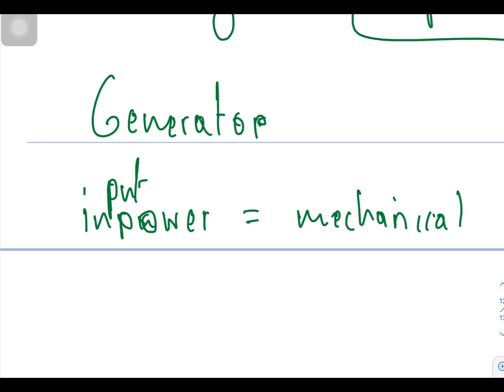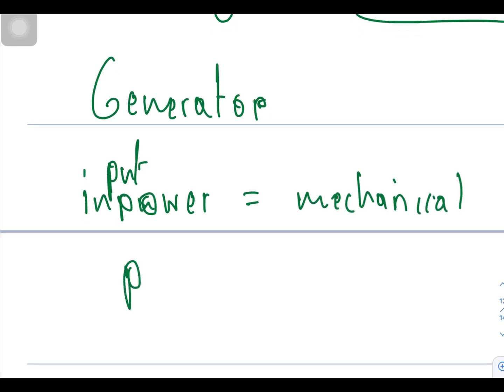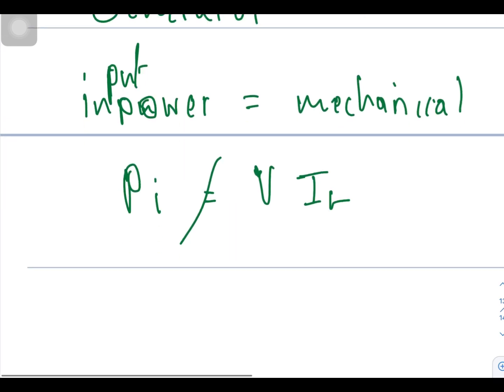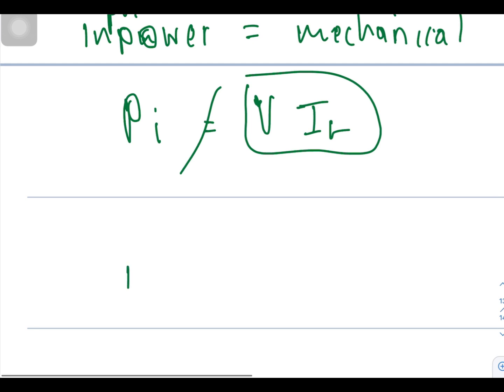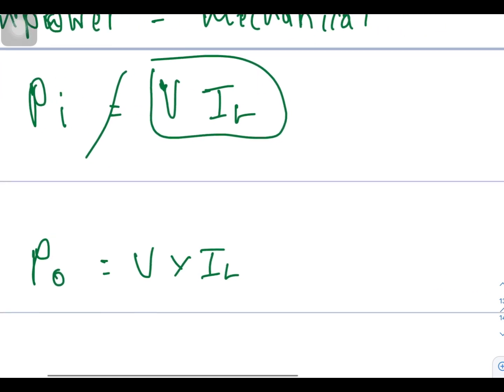Please guys, I should never see someone who is told to calculate the input power of a generator using this formula: P in equals V times I load. This is wrong. In a generator, this formula of V times I belongs to the output. Because our output is what?